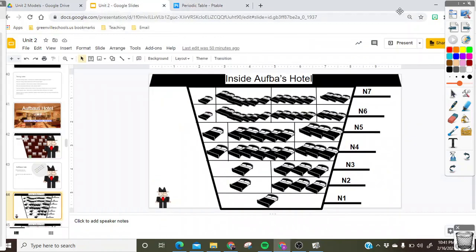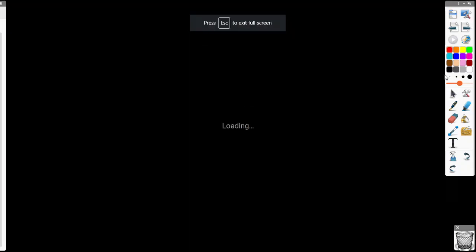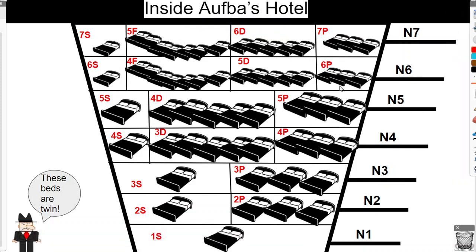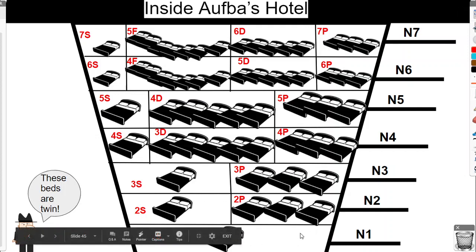Okay, so we've got our 7 floors, which represent the 7 energy shells. Or if we were to look at the planetary model, these would be 7 different rings. Okay, so in addition to that, each of these rooms has a certain name.